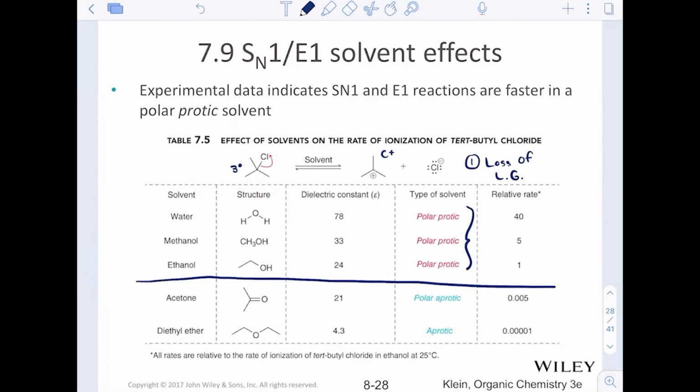So make sure that we are identifying when we form a carbocation, we want polar protic solvents, things with a polar proton. And when we have our non-carbocation reactions, our concerted reactions, SN2 and E2, we want our aprotic solvents, the ones that don't really care about stabilizing carbocations.